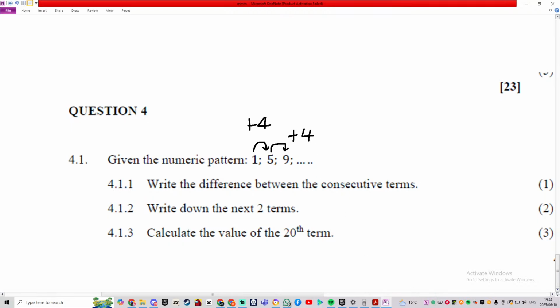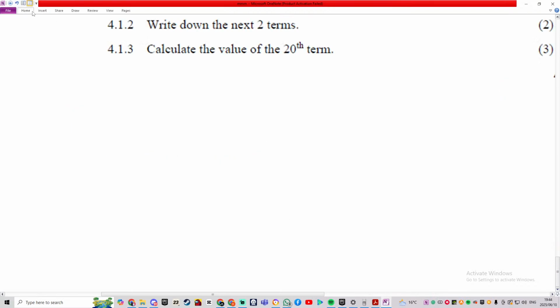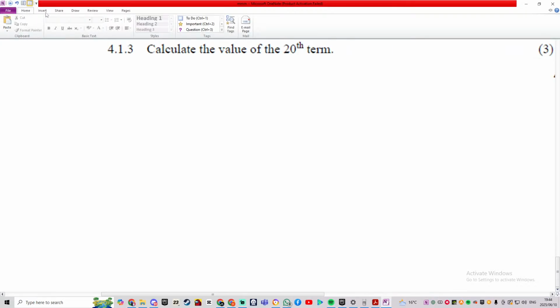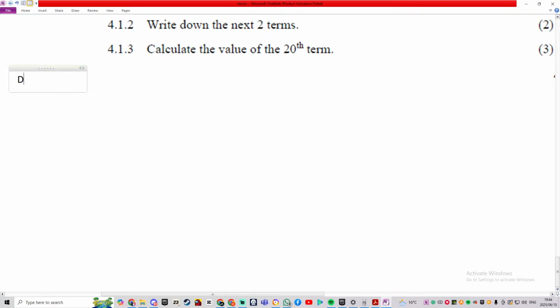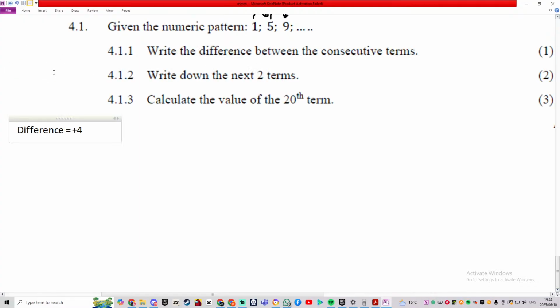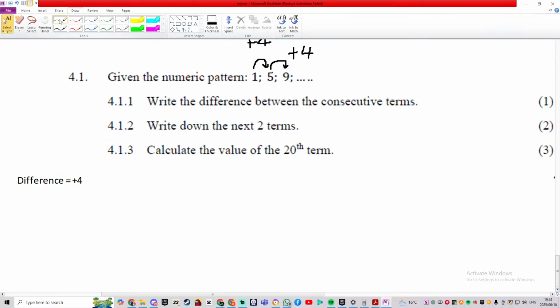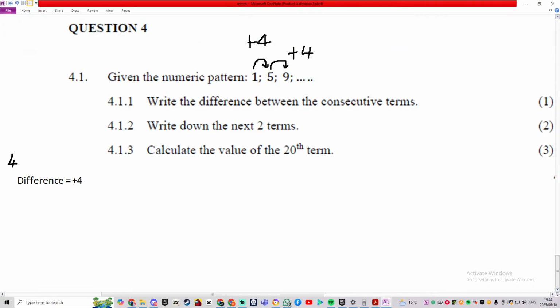So that means that my difference is equal to plus 4. That is what my difference is. So that is my 4.1.1. My difference is plus 4.